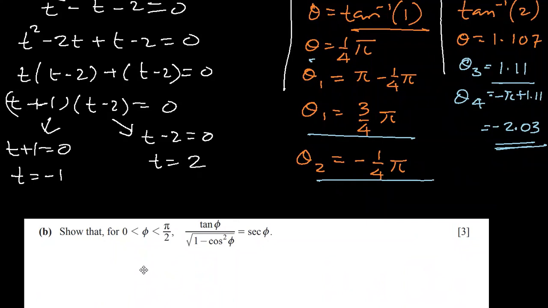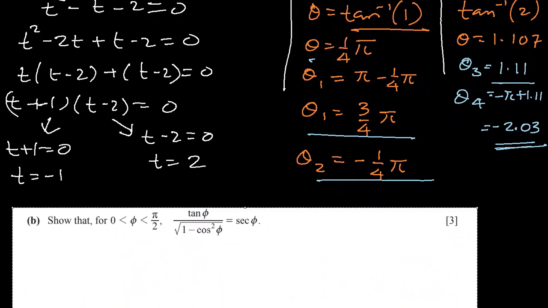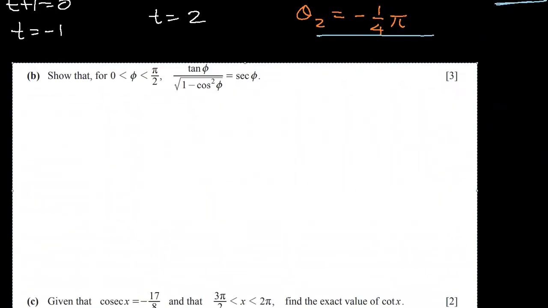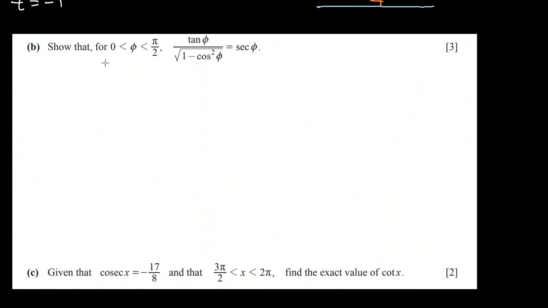Let's see what is next. It's an identity. They're saying show that from 0 to pi by 2 this identity works. So we know that this is the complicated part, the LHS, and the RHS is the simplified form.